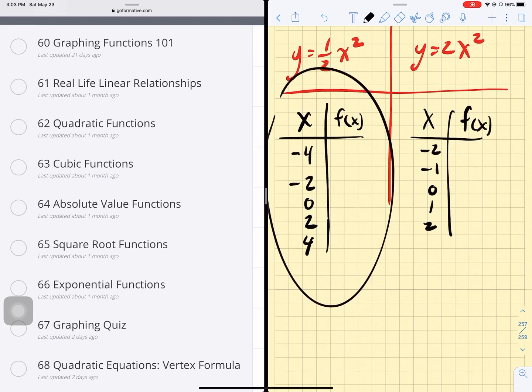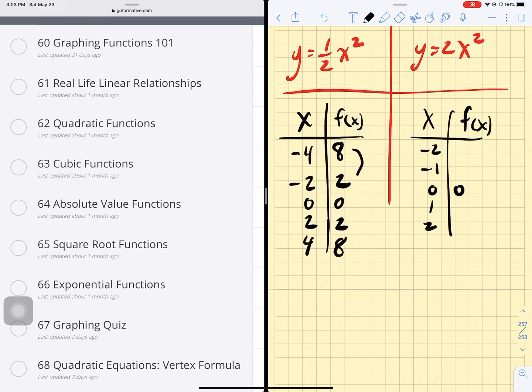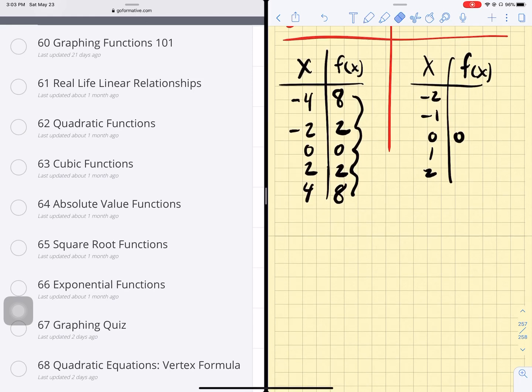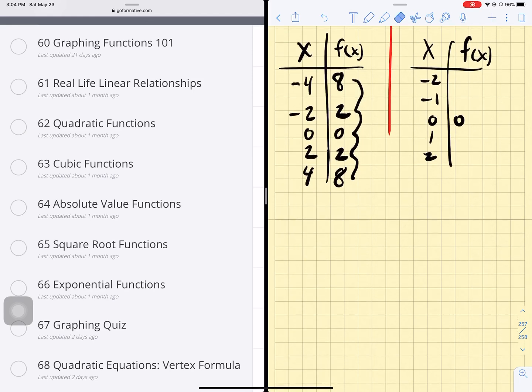Then you're going to square it first and times it by 2 for the next one. -4 squared is 16, and half of 16 is 8. -2 squared is 4, and half of 4 is 2. 0 squared is 0. They're both going to be 0. 2 squared is 4, but half of that is 2. And do you see what's happening here? Look at 8, 2, 0, 2, 8. They're repeating. It's going back the other way. That's actually a really good sign that I'm making a parabola, okay?